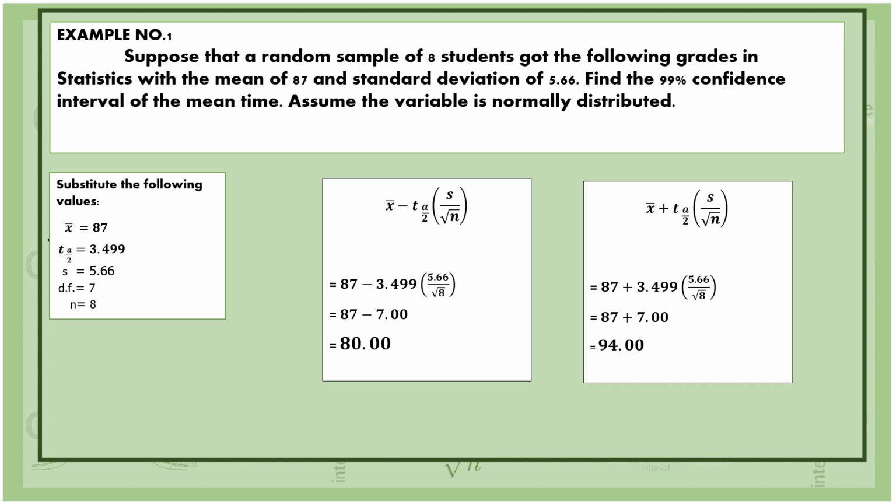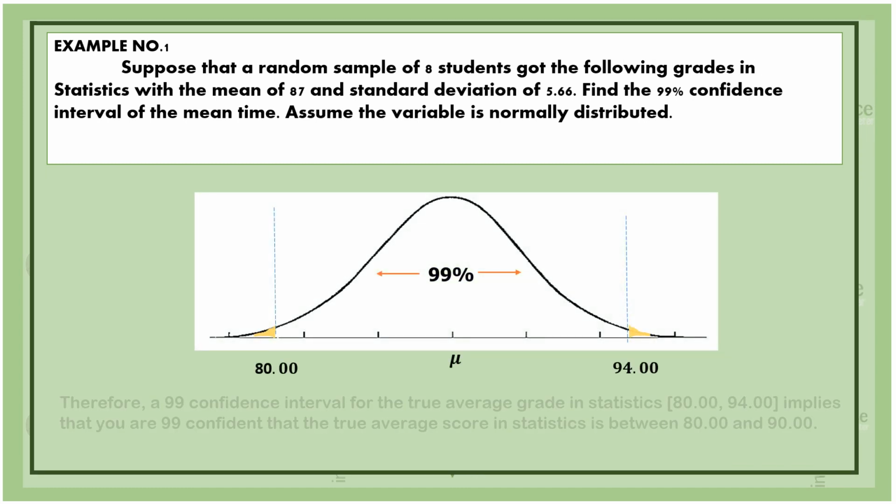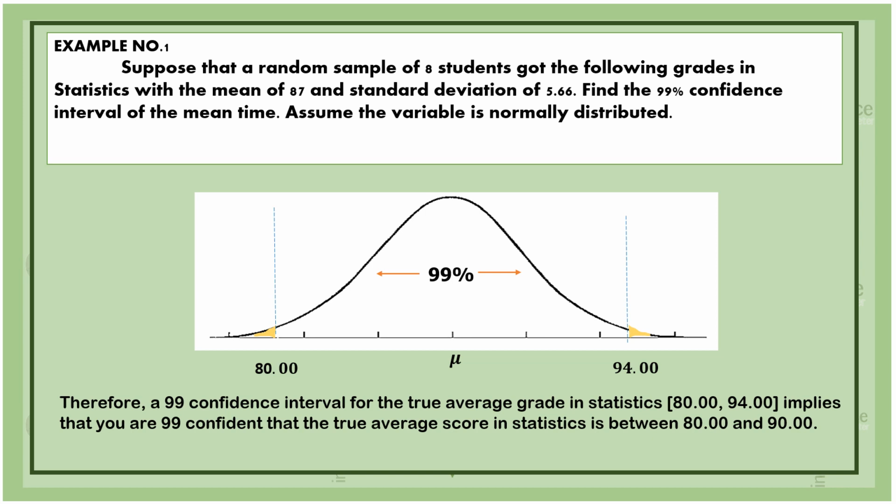So the specific confidence interval is the mean is greater than 80 but less than 94. Based on the illustration, we can conclude that a 99% confidence interval for the true average grade in statistics implies that you are 99% confident that the true average score in statistics is between 80 and 90.